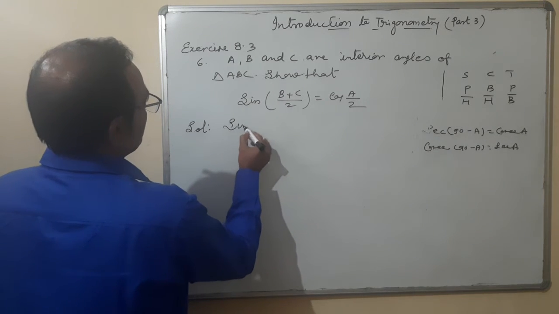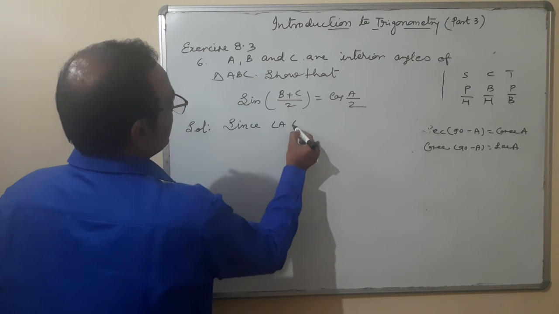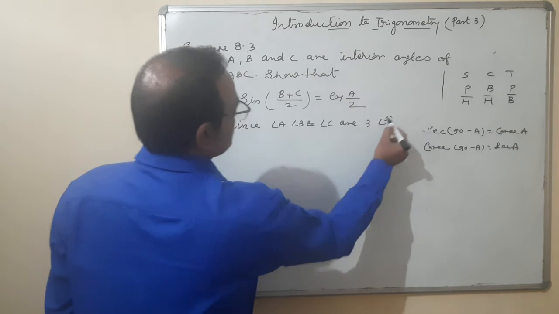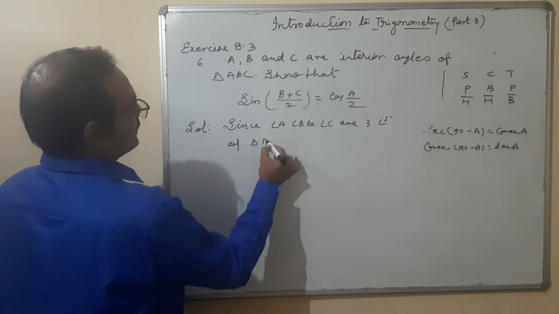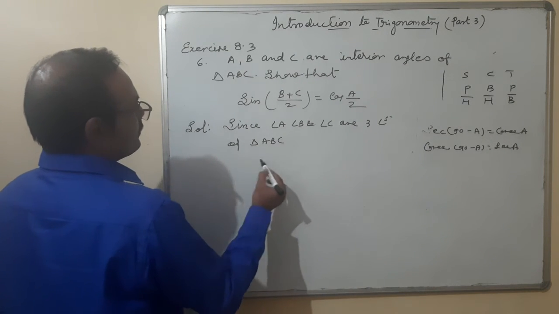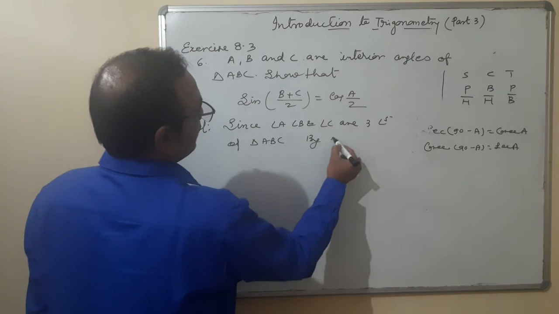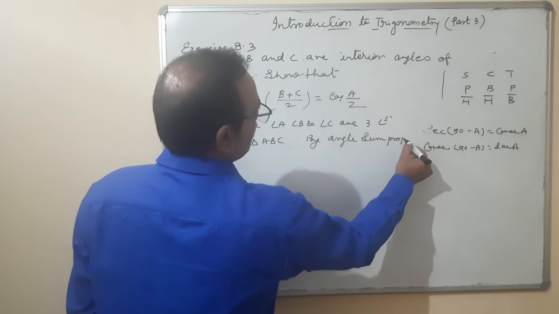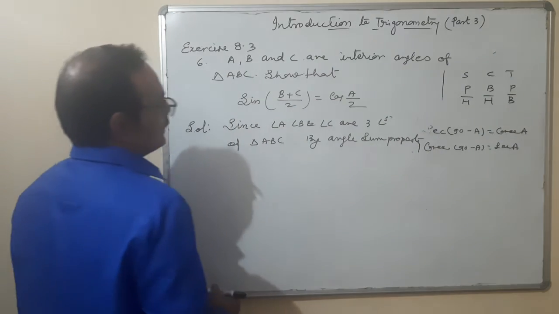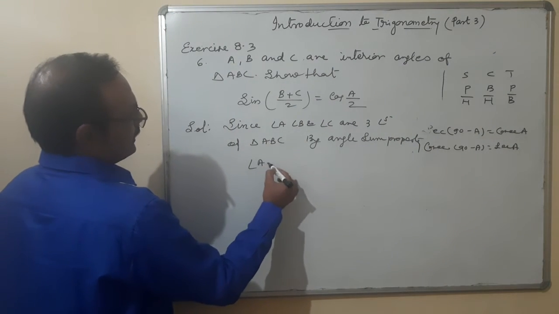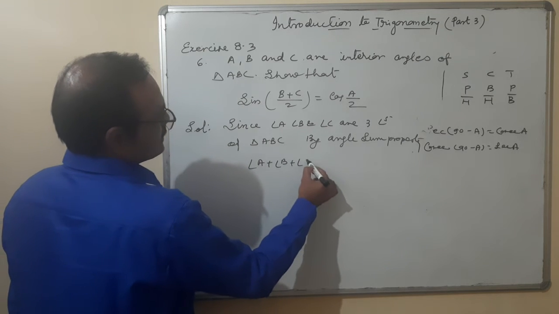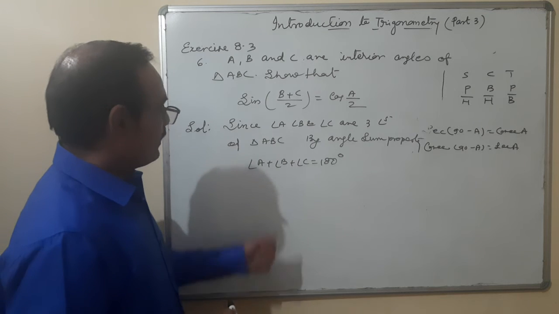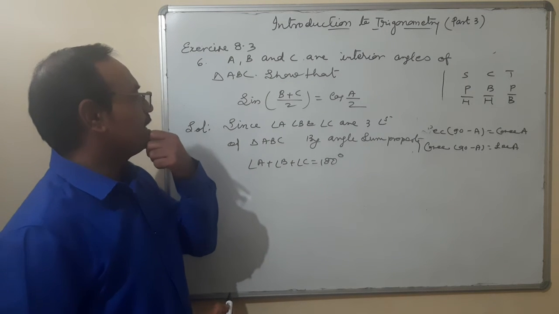Since angle A, angle B and angle C are three angles of triangle ABC, therefore by angle sum property, A plus B plus C is equal to 180 degrees.